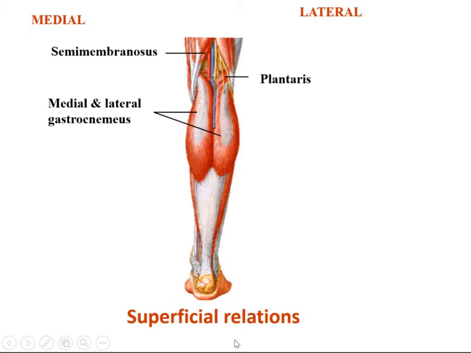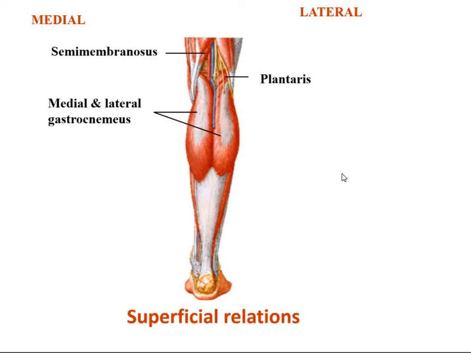So if you see the relations of this popliteal artery, ठीक है, so on the medial aspect you have got the proximal relations and the distal relations. ठीक है, so you can divide the relations as proximal and the distal because it is a long thing, 20 centimeter long, so obviously the relations would be different in proximal part and the relations would be different in distal part.